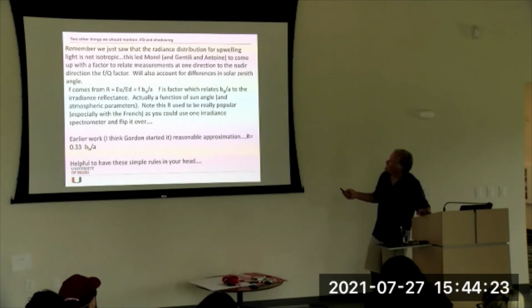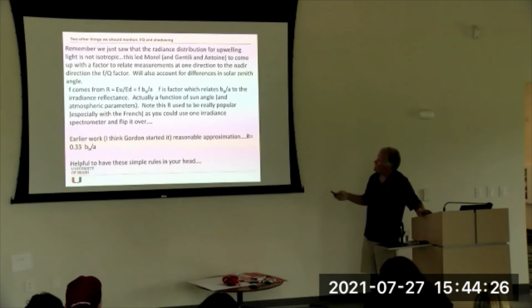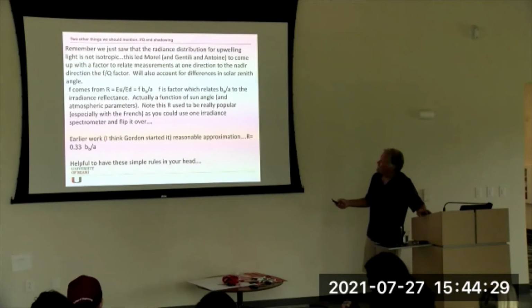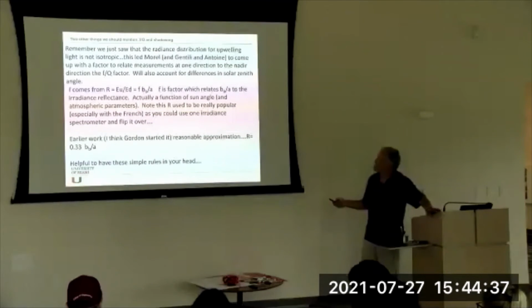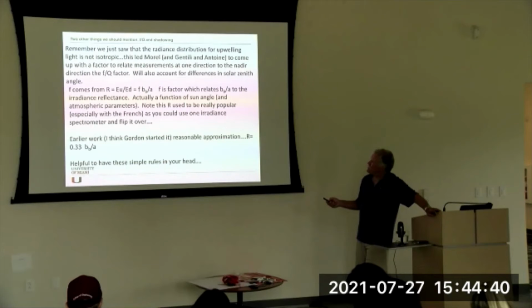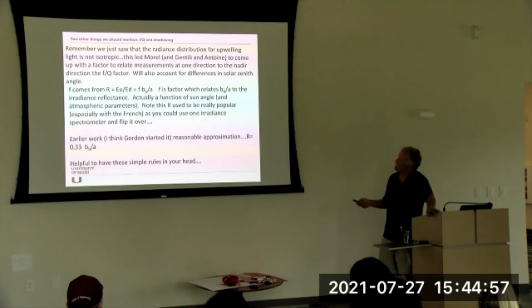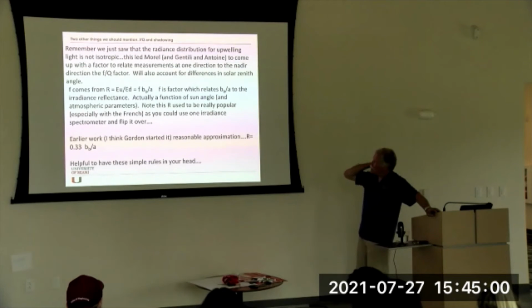So Morel and Gentili and Antoine came up with this idea of the F over Q ratio. F comes from irradiance reflectance, which was EU over ED, and was found to be related through this factor to BB over A. F is approximately equal to 0.33 BB over A. And the reason it was irradiance reflectance versus remote sensing reflectance is that it was really popular, especially with the French a long time ago, because all you needed was one spectrometer.